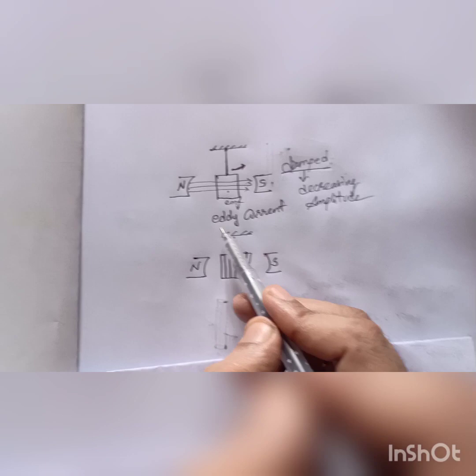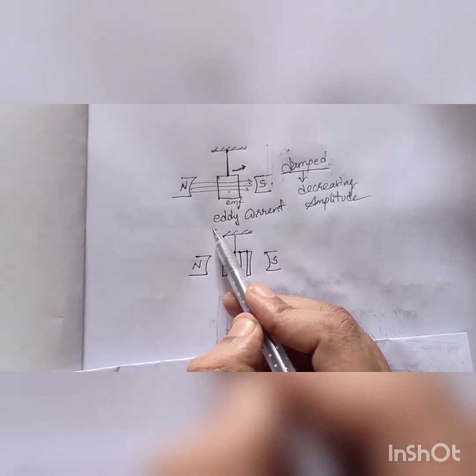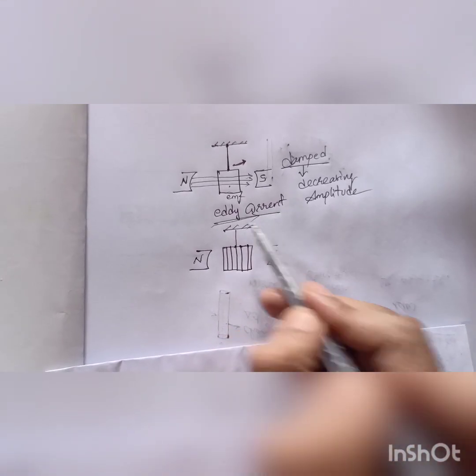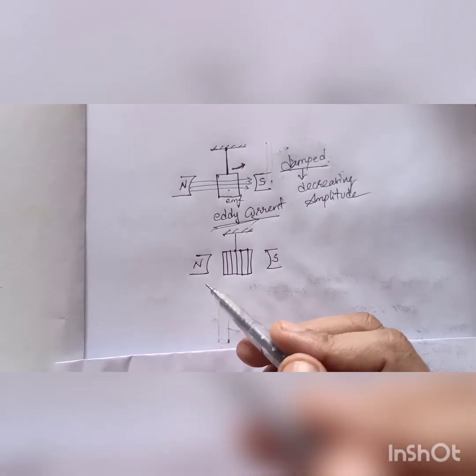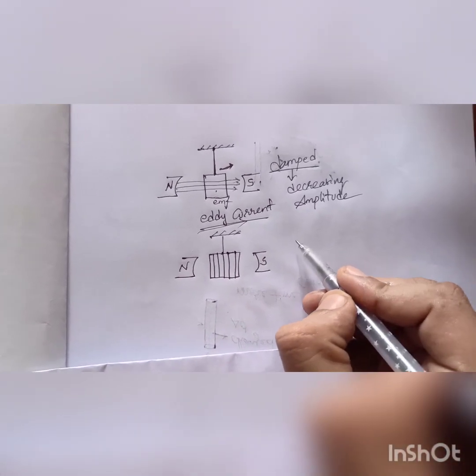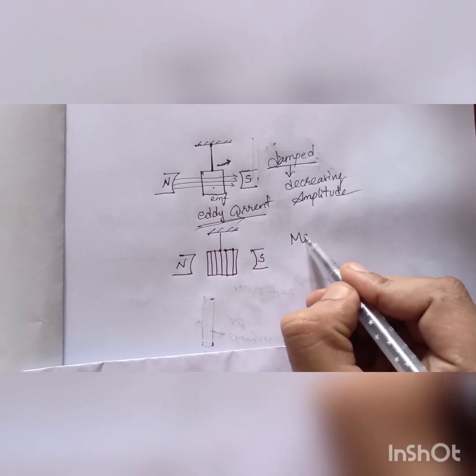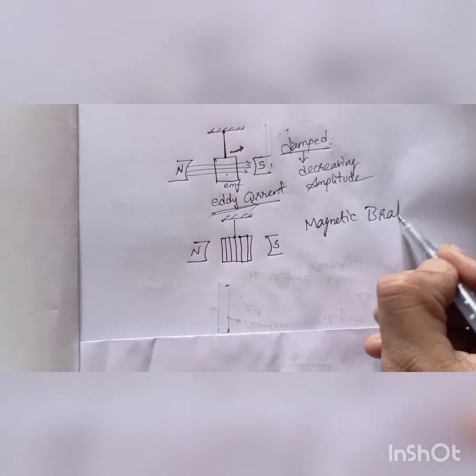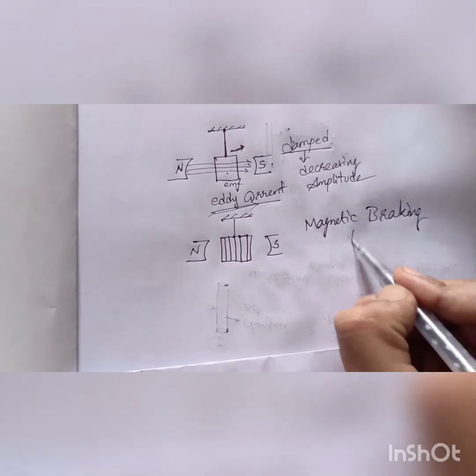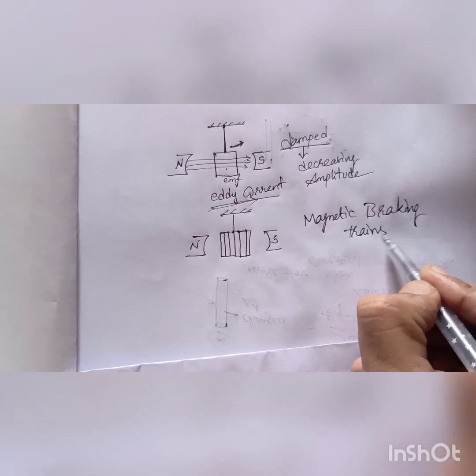Now let us talk about the important applications of eddy currents. Generally in our plus 2 in IP there is an important question: what are the advantages of eddy currents? In that we will be dealing with magnetic braking of trains. By using magnets we can stop trains.